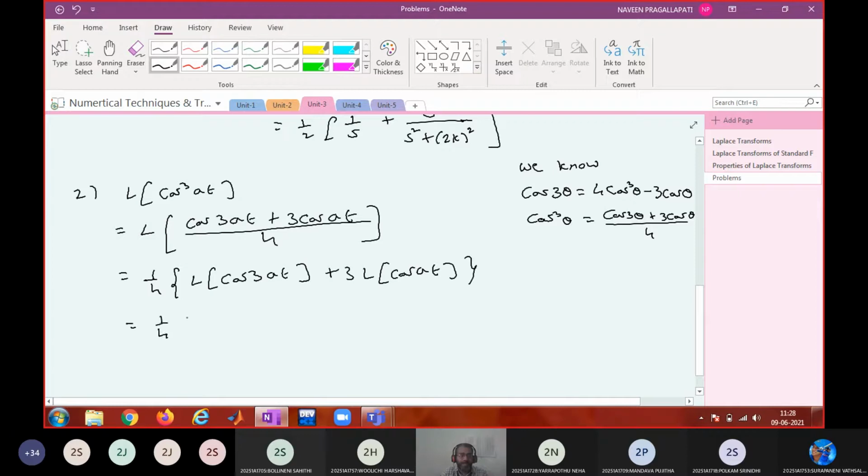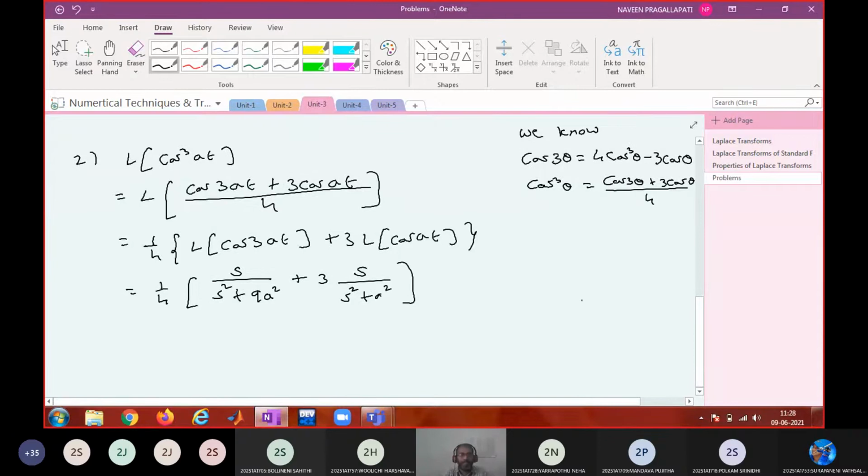So this is 1 by 4 times, Laplace of cos 3at is s by s square plus 3a whole square, means 9a square, plus 3 times s by s square plus a square. Is this fine? Yes.